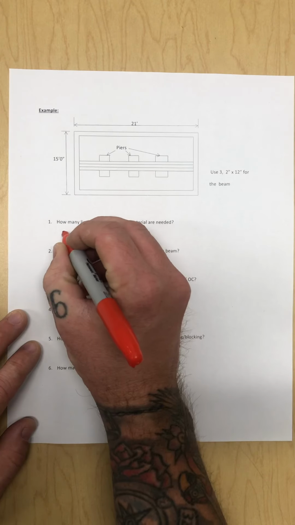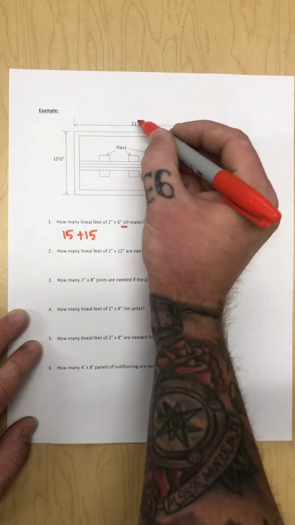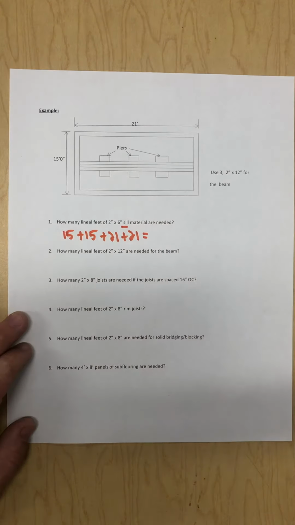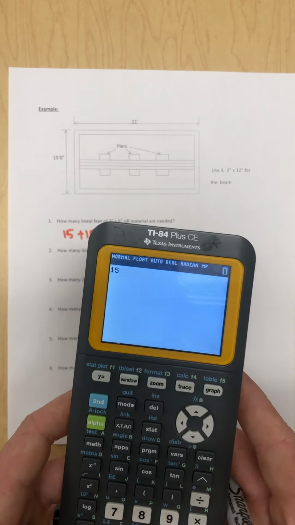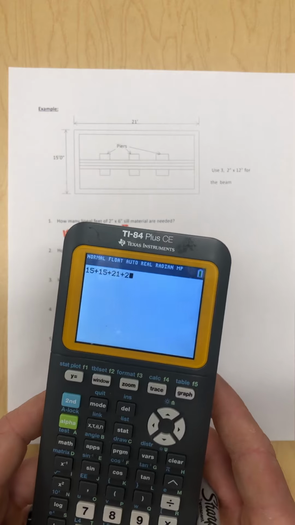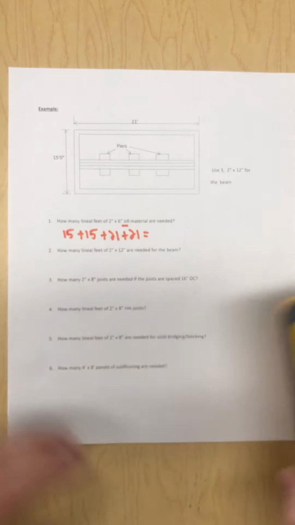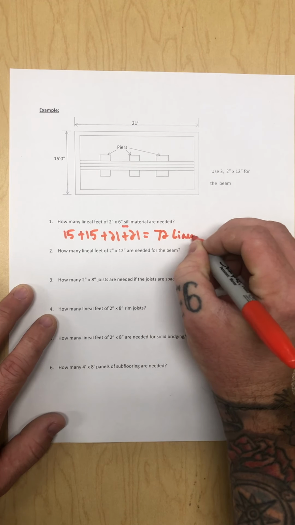So we have 15 plus 15 because of these 2 sides, and 21 plus 21. And whatever that number is going to be your lineal feet, not feet squared, lineal feet. So 15 plus 15 plus 21 plus 21 equals 72. So we have 72 lineal feet.